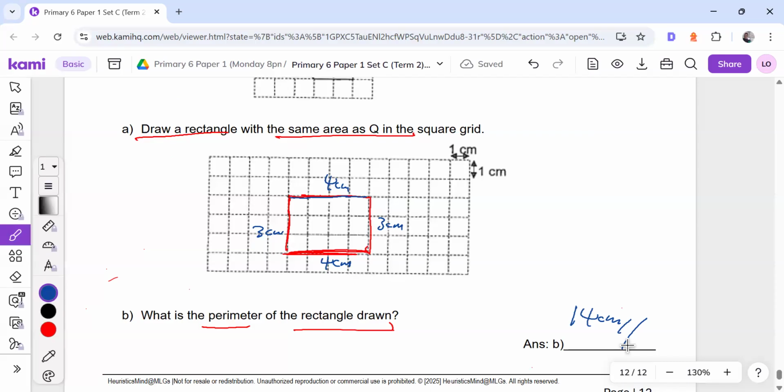So remove your virtual background. Okay, now show your picture quickly. Okay, solid already. You can put it down now.